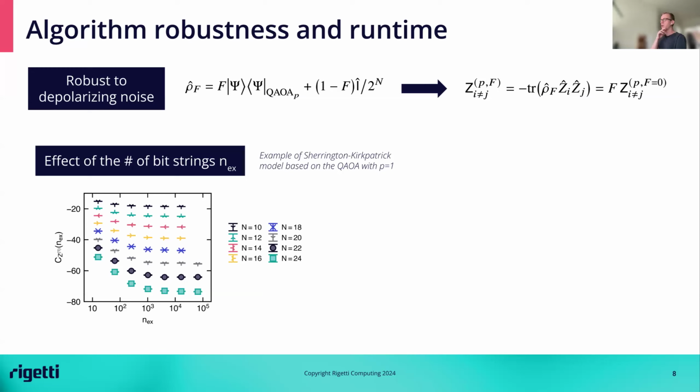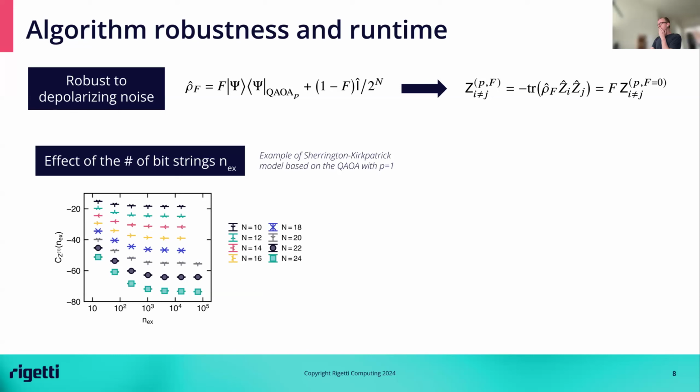So we did numerical simulations on Sherrington-Kirkpatrick spin glasses. On this plot, I show the average objective value as a function of the number of bit strings. The more they are, the better the value until it converges. We see that those curves plateau for a large number of bit strings.